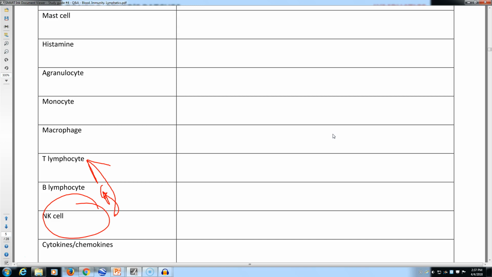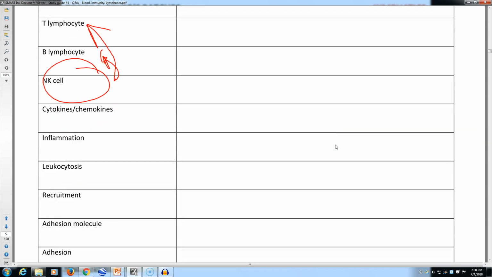The difference is cytotoxic lymphocytes are highly specific. NK cells will be able to tell apart a cell that is infected versus a cell that is not infected. So they will try to destroy all cells that appear infected, no matter what they are infected with.